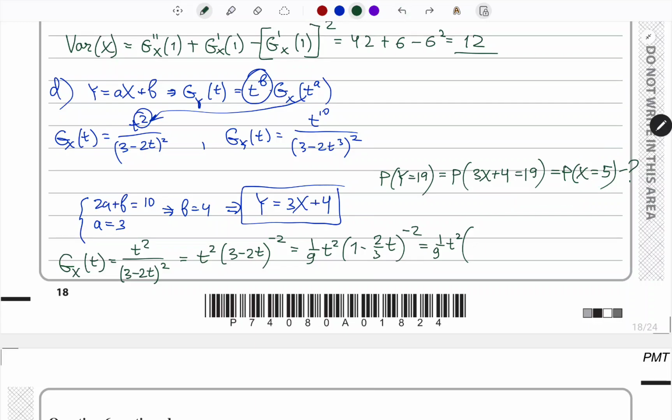This is the nature of the probability generating function. Okay, let's apply the binomial expansion. I can skip the term where the power of t is 1, then power of t is 2, and power of t is 3.